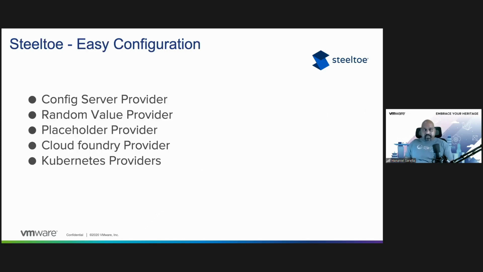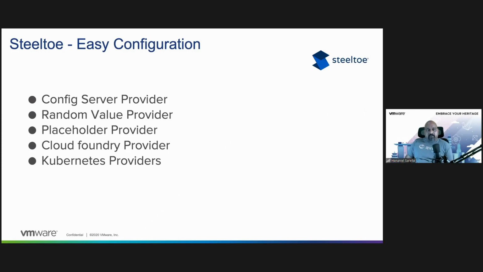So let's keep going. Another facility that Steeltoe adds is easy configuration. One of the problems in the microservice world is how do you push configuration from a centralized place into multiple microservices. Here we have a config server provider, which integrates with Spring Cloud Config Server and makes it possible for configuration to be pushed to different applications and instances.